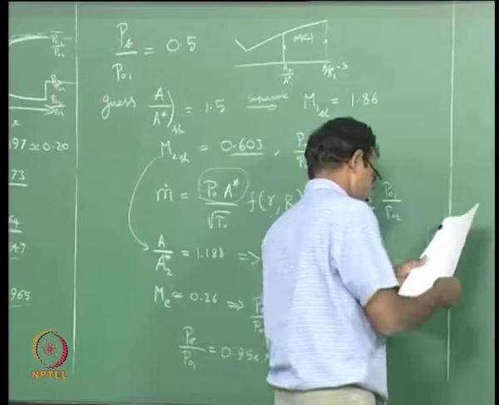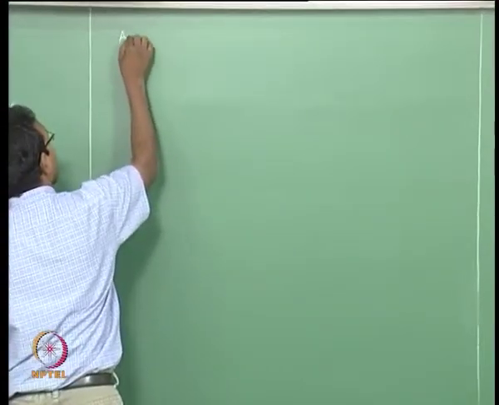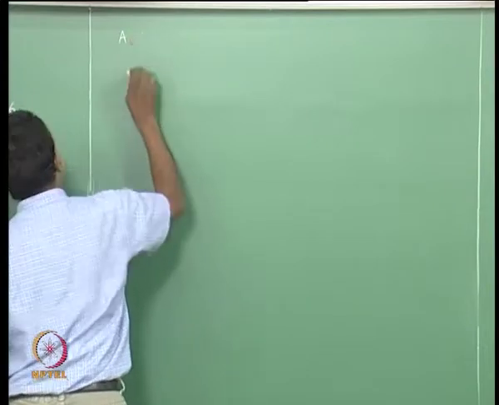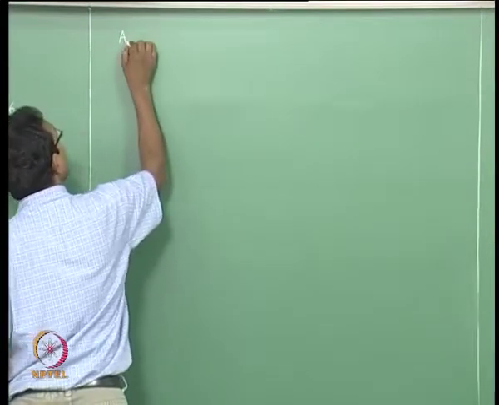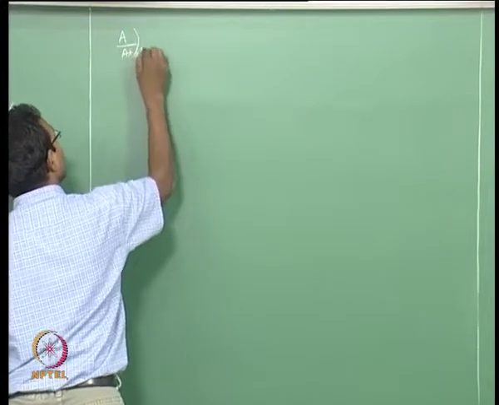Since it is an iterative process, you have to go over a particular table. I will call it A shock, I think. A by A star shock. Okay.